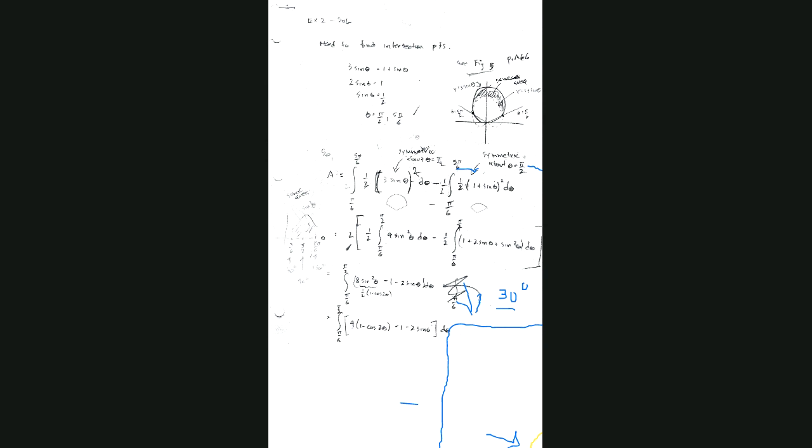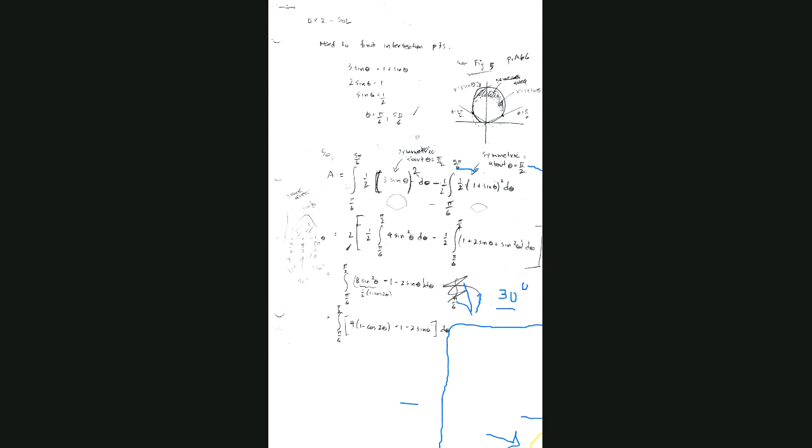So would the function 3 times the sine of theta, if we square it, would that function be symmetric about theta equals pi over 2? And the answer is yes.